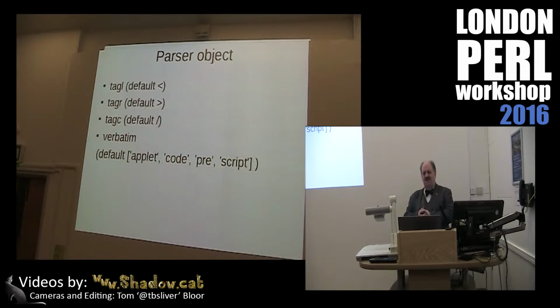It's then got this array of what I've called verbatim tags, and these are things that you don't want it to look inside, because one of the things that I was hacking had a script in it, and there were things in there that looked like tags, but were bits that were going to make up tags when the JavaScript ran, and it confused me, let alone any parsers out there. So these are all configurable. You can put your own array of tags in there, and it will ignore what you tell it to ignore.